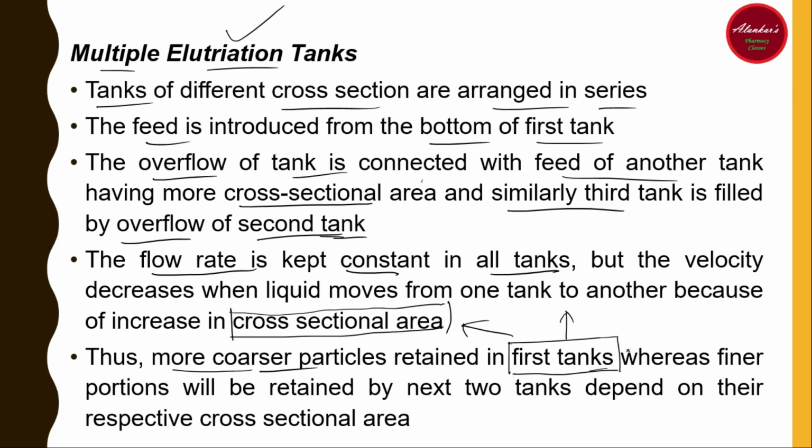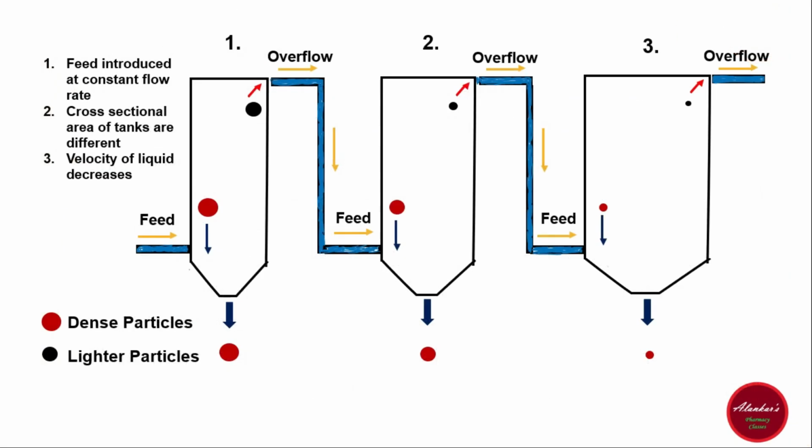On the other hand, the finer portion will be retained by the next two tanks depending on their respective cross sectional areas. So this is basically an arrangement of elutriation tanks connected together. As you can see in this pictorial diagram, there are three tanks connected together.